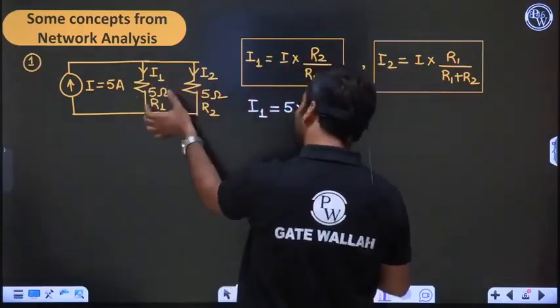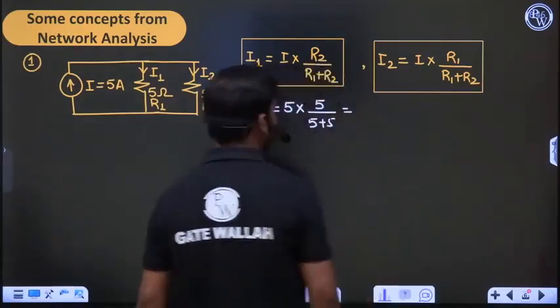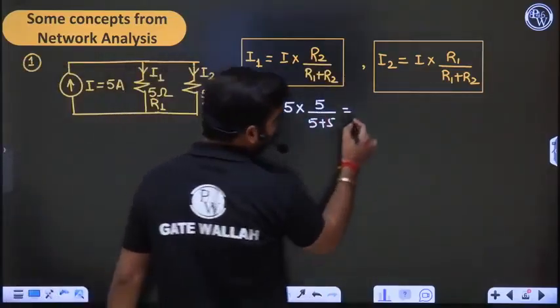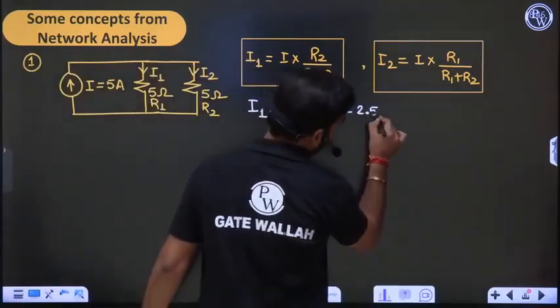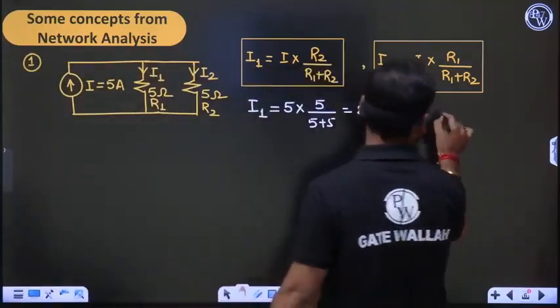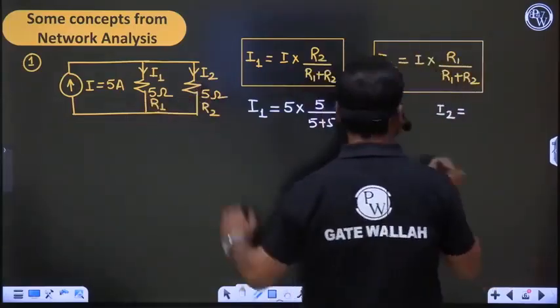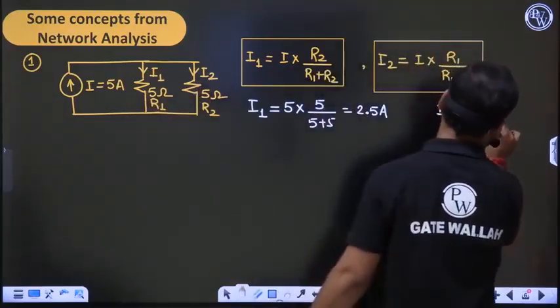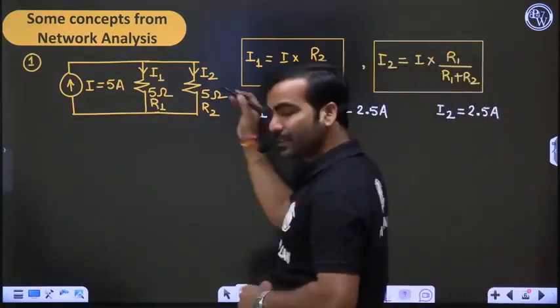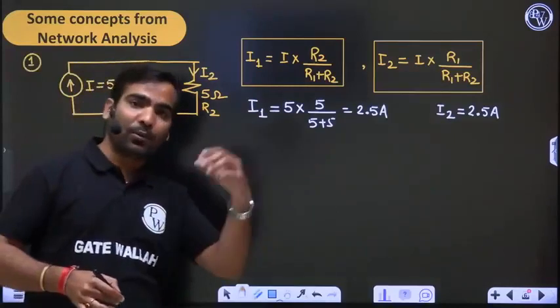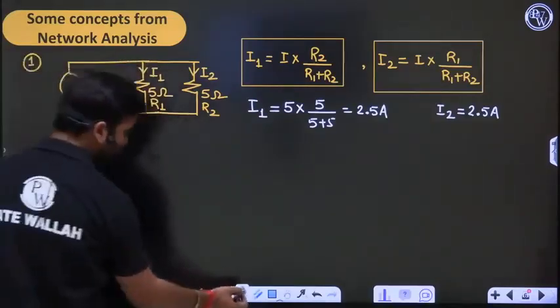You can take some different number also. So how much is the answer? This is 1 by 2, that is 2.5 ampere. In a similar manner, if you calculate I2, I2 will also come equal to 2.5 ampere. So the number is not important. What is important is the concept, how current is dividing. I1 is I into R2 upon R1 plus R2. This is your current division rule.